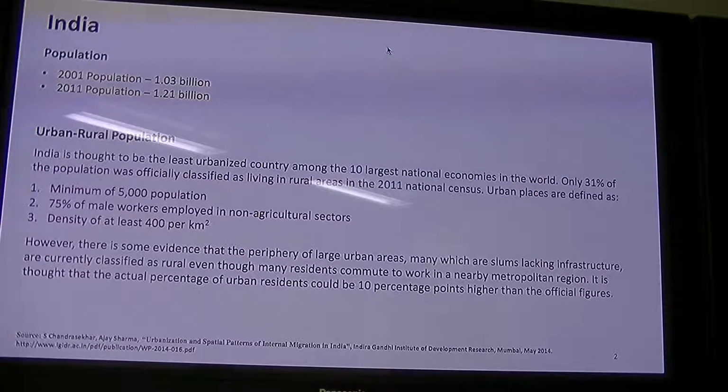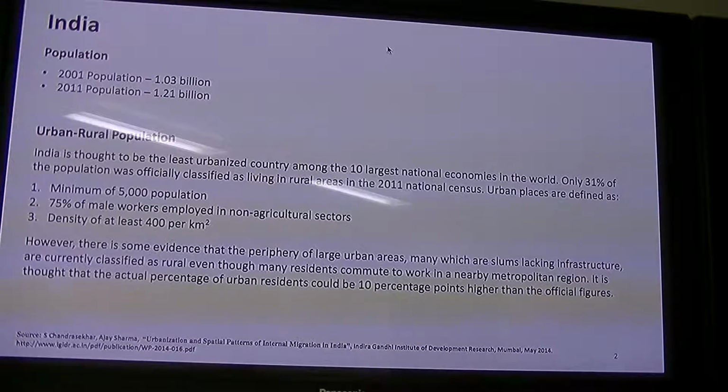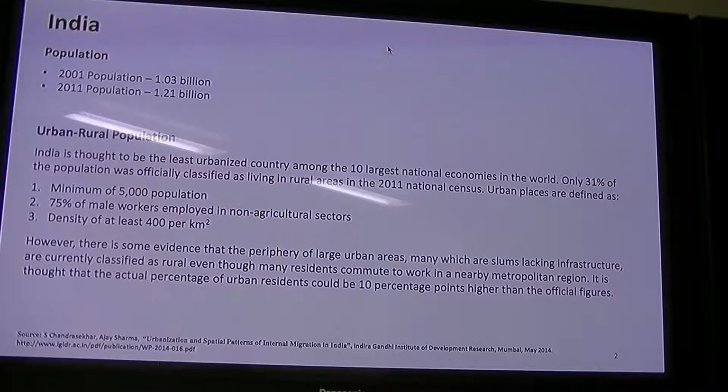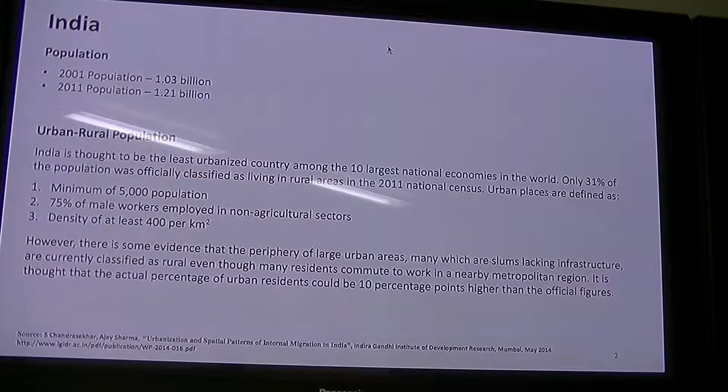And those are places with a minimum of 5,000 population, 75% of male workers employed in non-agricultural sectors, and density of at least 400 per square kilometer. Now, 400 per square kilometer is not very high. A densely inhabited district in this country is 4,000.